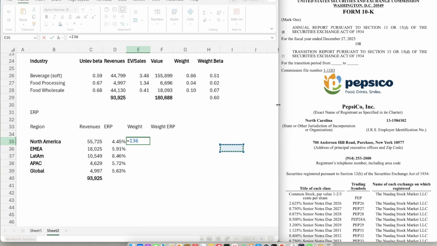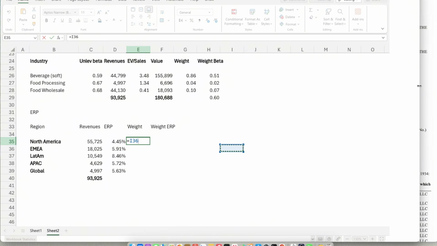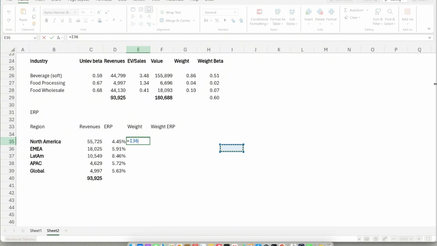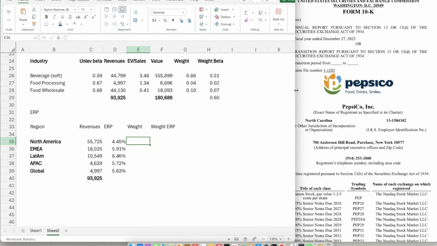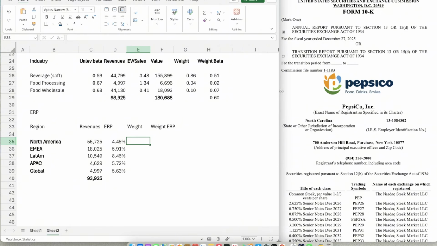It's a bit bigger now. No, because I click from the balance sheet later. But here, the weight is you take your revenues divided by the total, lock in the total.